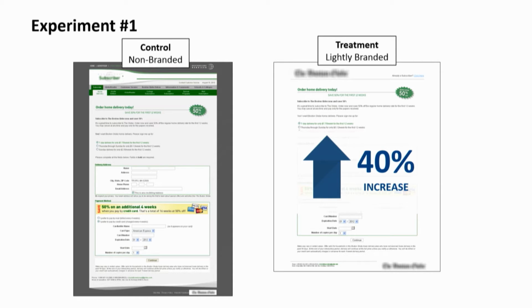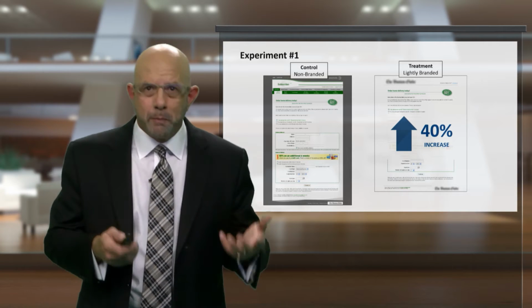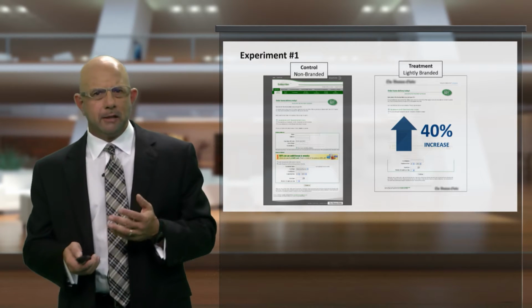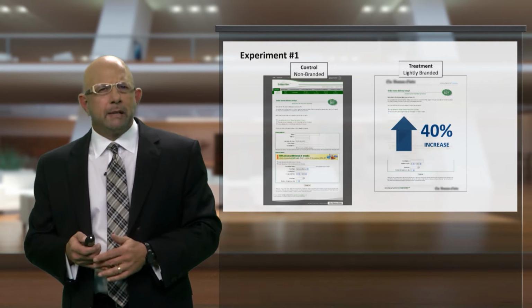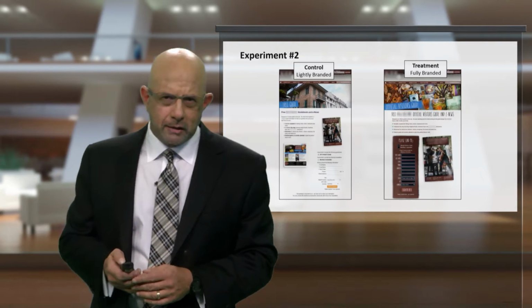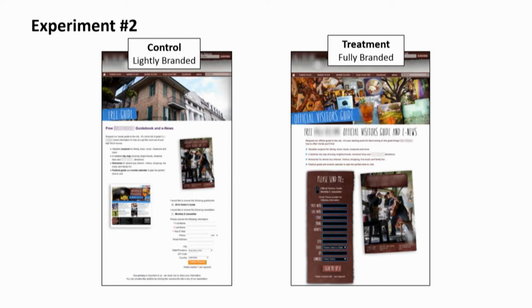Now, you're probably saying, of course, adding brand traded on the previous momentum in the marketplace and made a significant difference. You may be right, but before you embrace that conclusion completely, may I suggest that you look at the next test, lightly branded, fully branded. Once again, we've grayed out a little bit here, but you can see the difference.